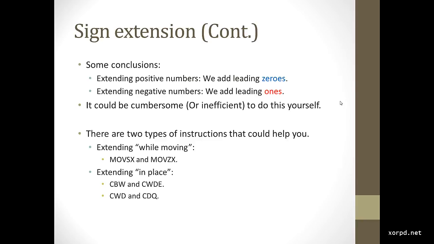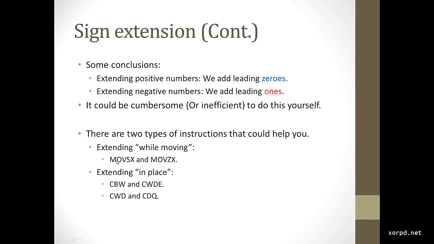It could be cumbersome or maybe inefficient to do this yourself. Thus, there are two types of instructions that could help you when you want to do this kind of sign extension. There are two different ways to do it.